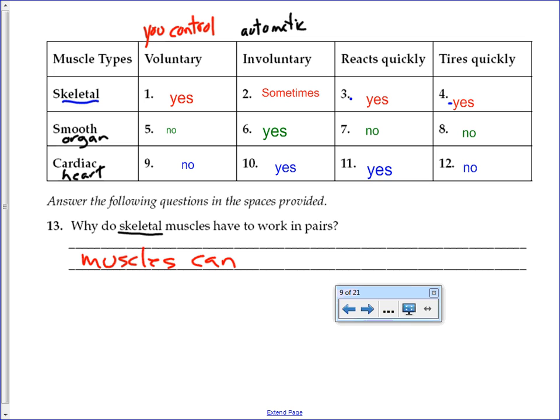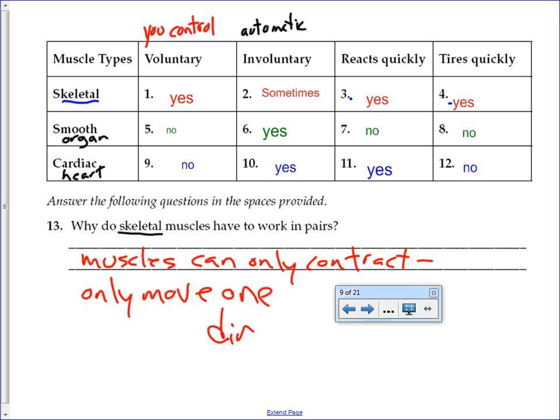But why exactly is that? Okay. So muscles can only contract. They can only really move one direction. So if you need to move the other direction, you need another muscle.